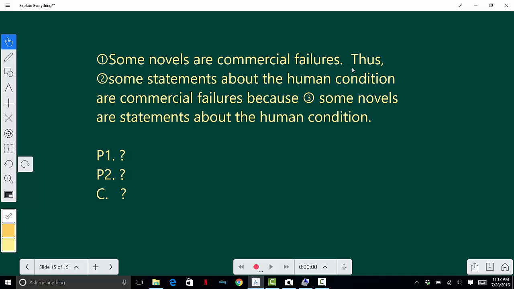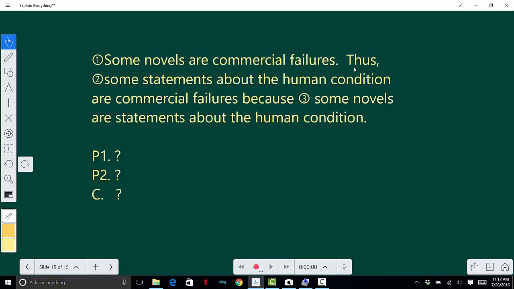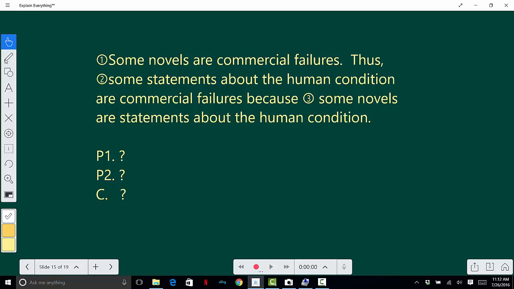So when analyzing this argument, hopefully the word thus and the word because jumped out to you. So we say some novels are commercial failures, thus some statements about the human condition are commercial failures. So the thus is a conclusion indicator.